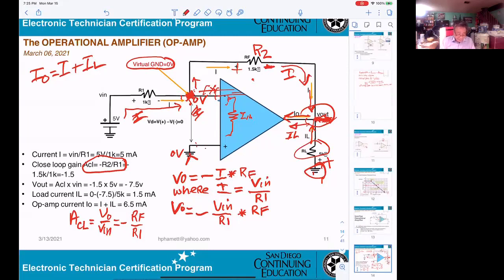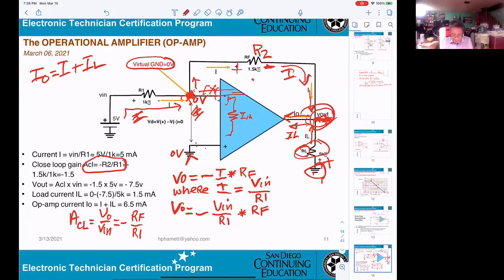And then if you get the gain, you want to calculate the V out, then you take the gain times the input 5 volt here, you get minus 7.5 volt. If you want the load current, you already have the V out, you already have the RL, you take V out divided by RL.